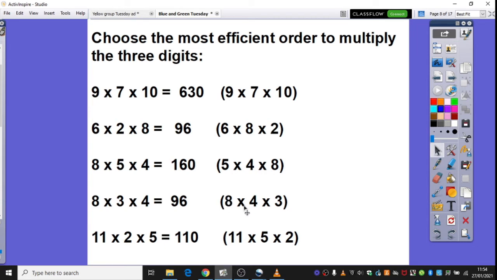And more importantly, now we've brought in this idea of timesing by 3 at the end, I found that easier because I did 8 times 4, which is 32, and then 32 times 3. I thought, well, 30, 30 and 30 is 90, and 2 and 2 and 2 is 6. So that would give us the answer of 96. So you can have a little look at those now.